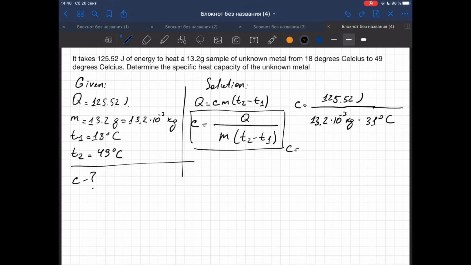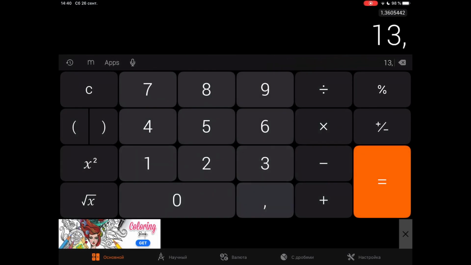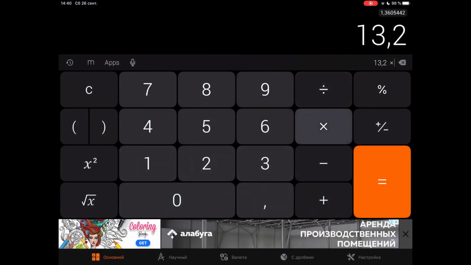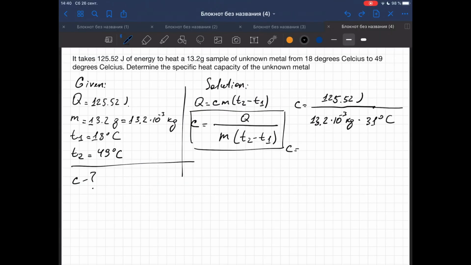So we just calculate this: 13.2 multiply 31. It equals 409.2 multiply 10 to the minus 3 kilogram degree Celsius.